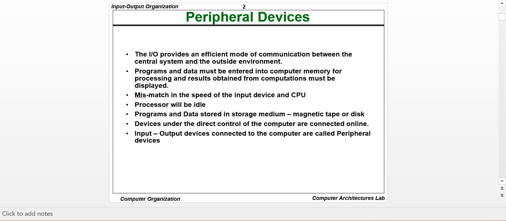When I say online, it is not your internet online. When the printer is directly plugged into your system, we say that device is under the direct control of your computer. So it means the output device is online.